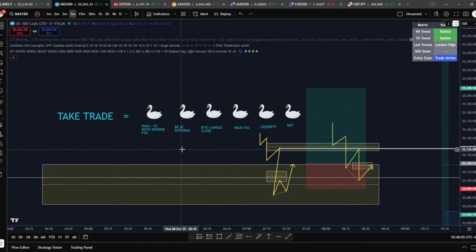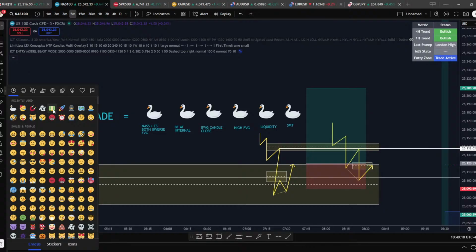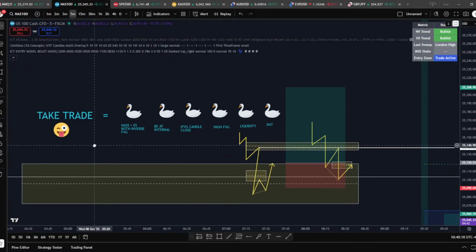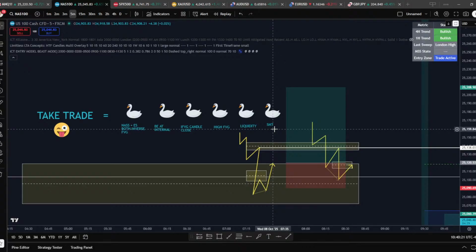Imagine this, that side. Doesn't matter. Equals take trade. Okay. SMT, liquidity sweep, delivering from a higher fair value gap, inverse fair value gap candle close, at break even at internal, NAS plus ES both inverse.